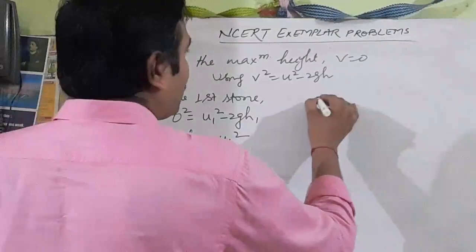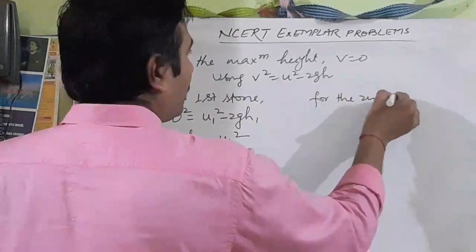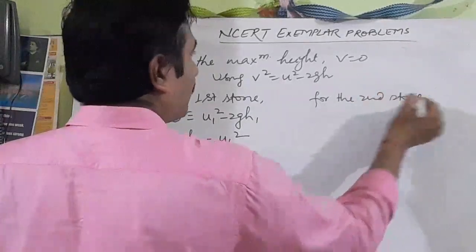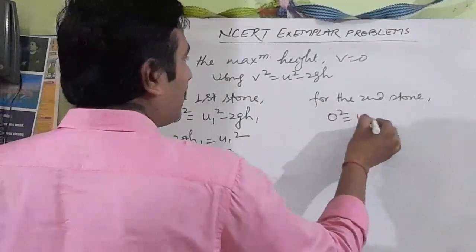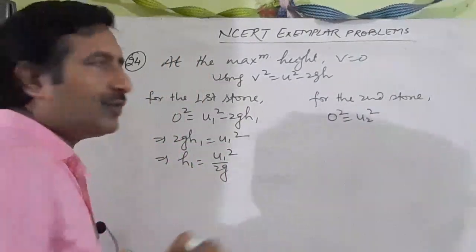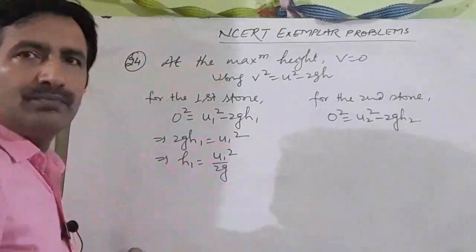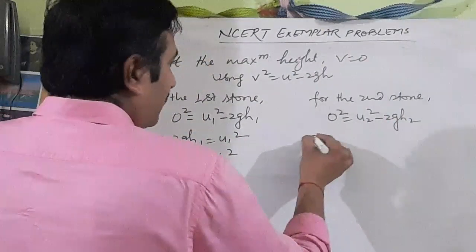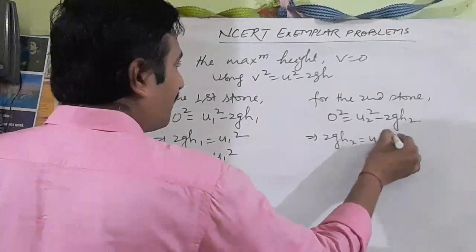Now for the second stone. 0 square. Initial velocity is U2. So U2 square minus 2g H2. 2g H2 is equal to U2 square.